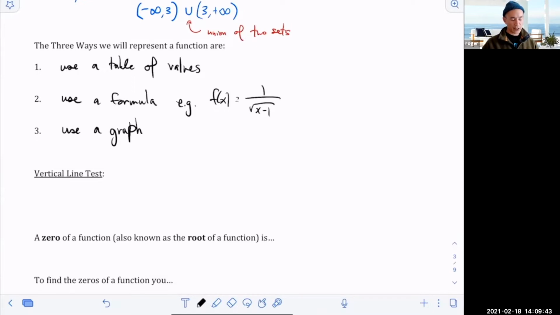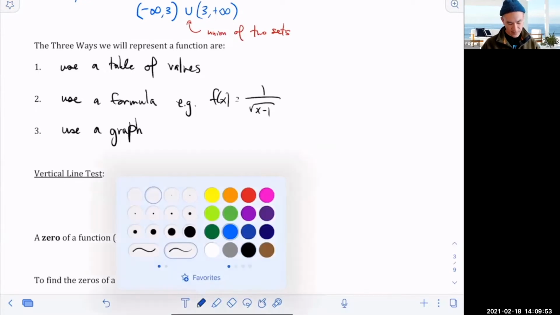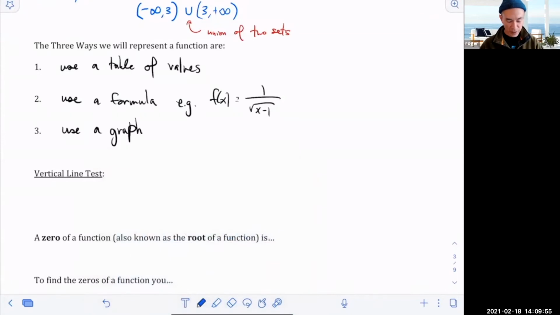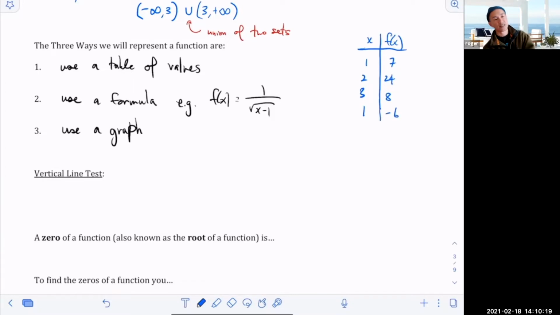So there's an easy way to check if something is a function. Let me talk about the table situation first. Sorry, let me back up. If we talk about the table situation, let's say that I described f of x like this. Let's say you have 1 goes to 7, 2 goes to 24, 3 goes to 8, and 1 goes to -6. Does this table correspond to a function?